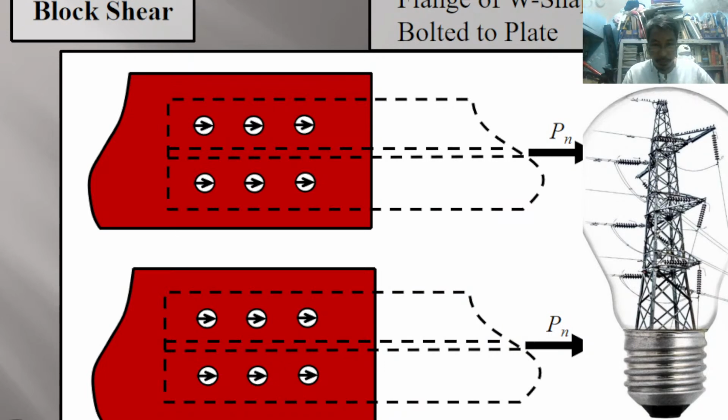Okay? What happens on the plate? So taking a look at the red portion, what happens on the plate? If ever the plate is the weaker side compared to the W section, they will not happen simultaneously.